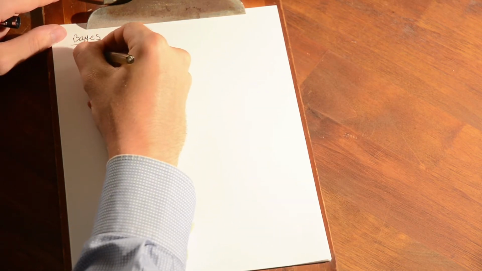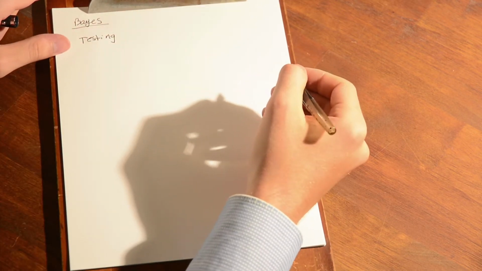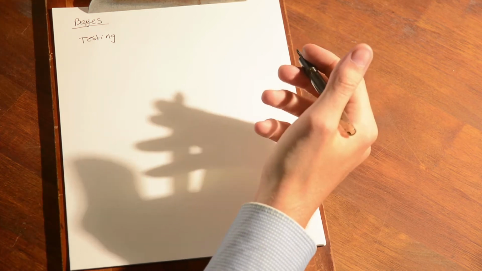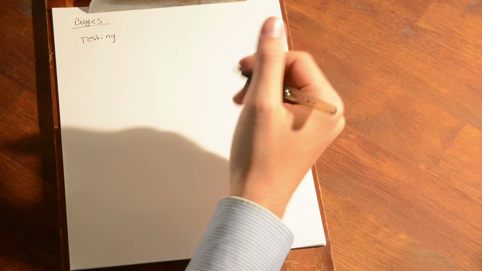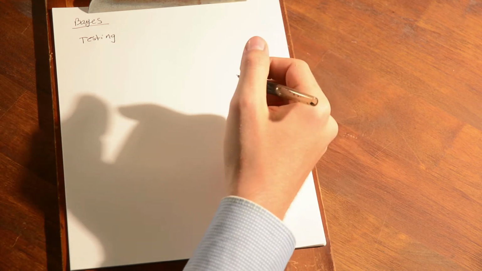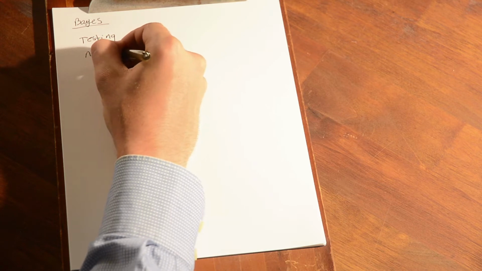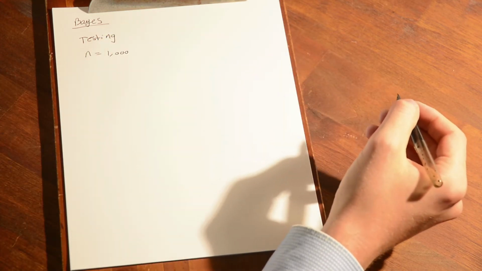So let's say we are looking at testing. And one of the things we'll need to know in a testing scenario, let's say we're interested in finding out, of those who failed, what percentage knew the material. So let's first begin by saying that n is equal to 1,000, or rather 1,000 people took this test.